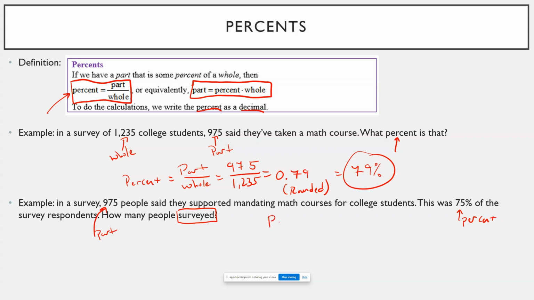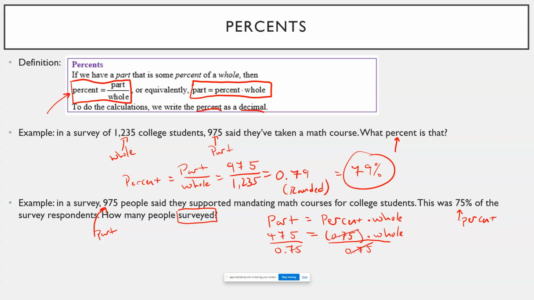So we have this formula. Part is equal to the percent times the whole. Well, 975 is the part, my percent I'm going to change to a decimal, 0.75, times the whole. To get the whole by itself, to undo multiplication, you divide both sides by 0.75.